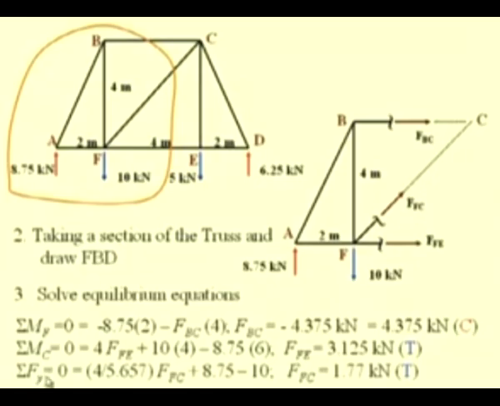Since we are summing up the vertical components, we need to know the sine of this angle, which is 4 by 5.657, times the force in FC, plus the vertical reactive force, which is positive in direction, and the applied force is negative because it is a downward force, so minus 10. From this equation we have this force in FC as 1.77 kilonewtons.